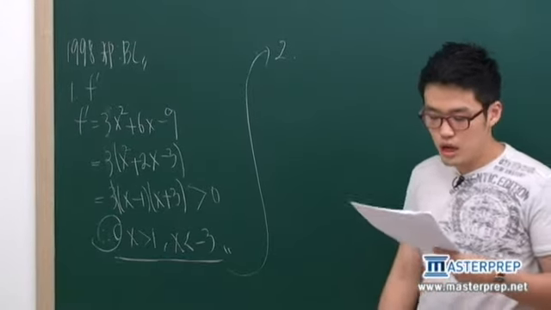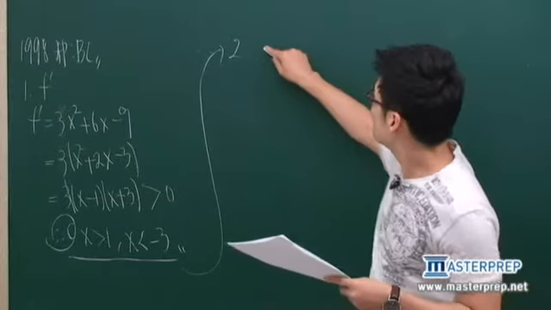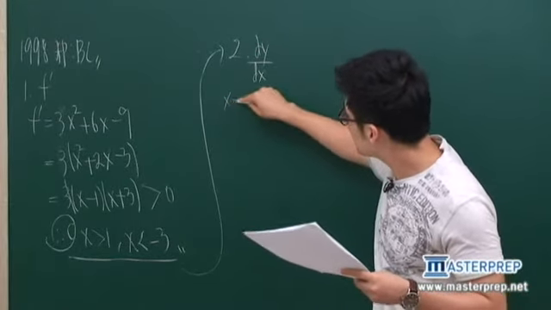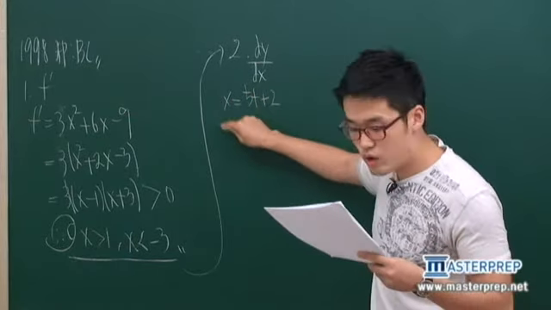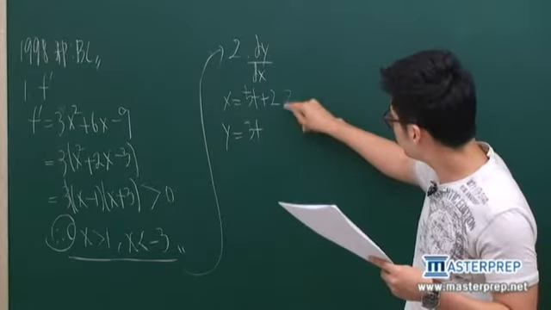So number 2, well, you have to remember this. We want to figure out dy over dx, but x is in terms of t: x equals 5t plus 2, and y is equal to 3t for a certain local domain.